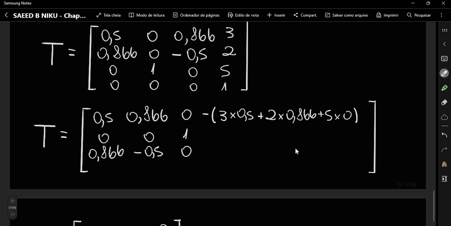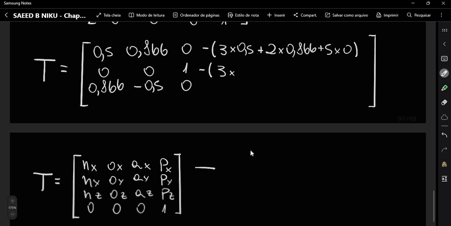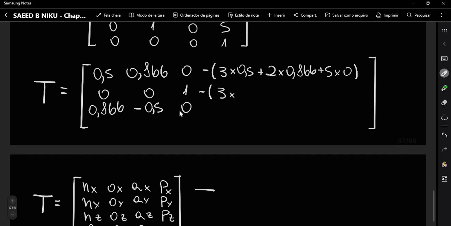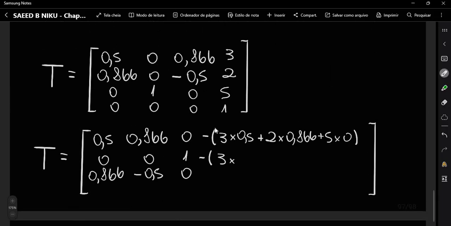And on the second line, minus the coordinate of the vector times, right now is 0, plus 2 times 0 again, plus 5 times 1.